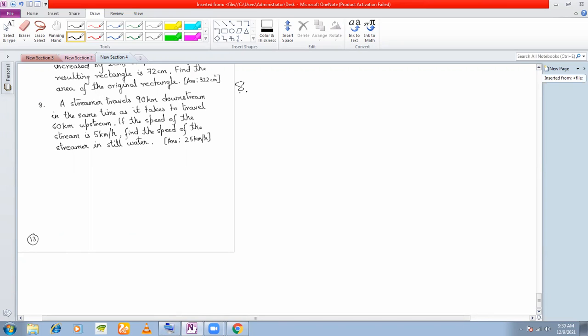Okay. Better. So a streamer travels 90 kilometers downstream in the same time as it takes 60 kilometers upstream. So the time taken to travel with the flow is the same as the time taken to travel against the flow. Okay. If the speed of the stream is 5 kilometers per hour, find the speed of the streamer in still water.